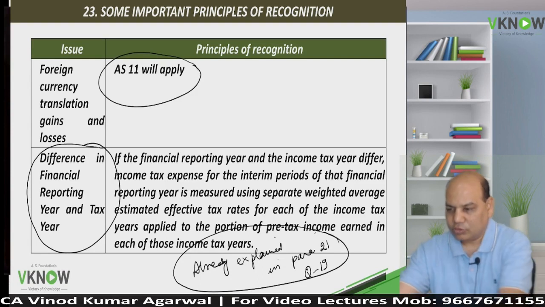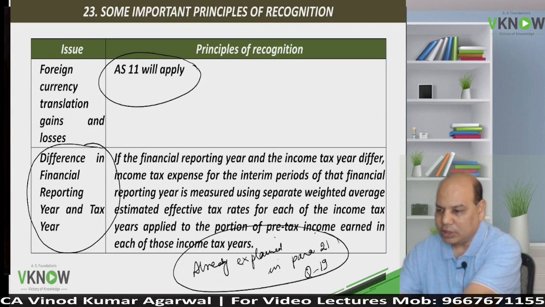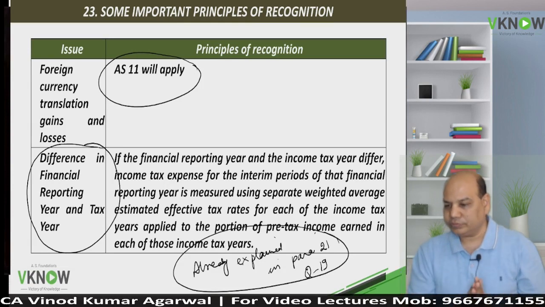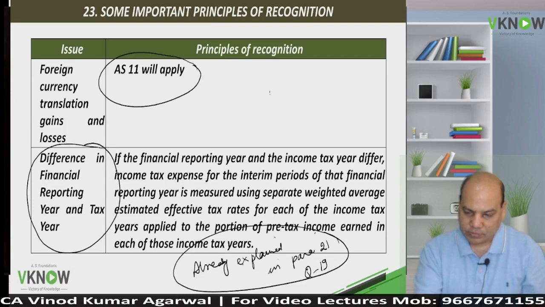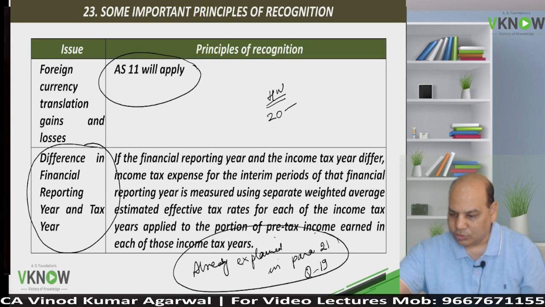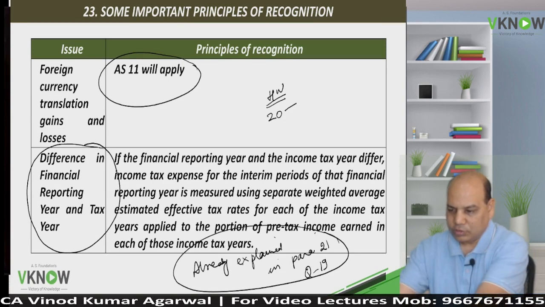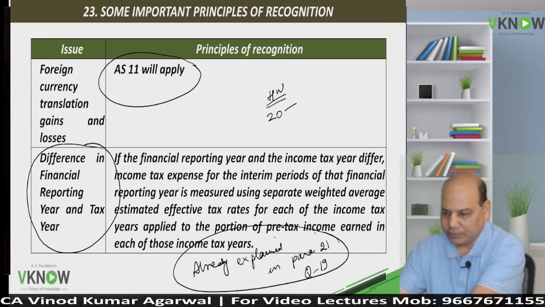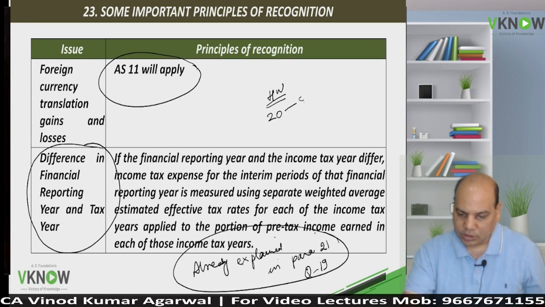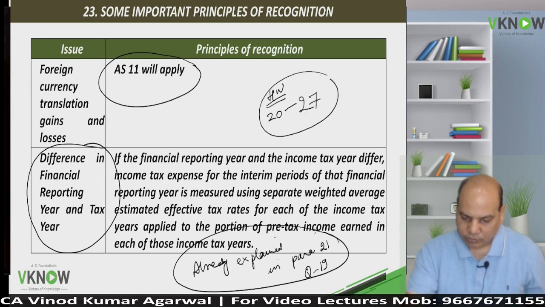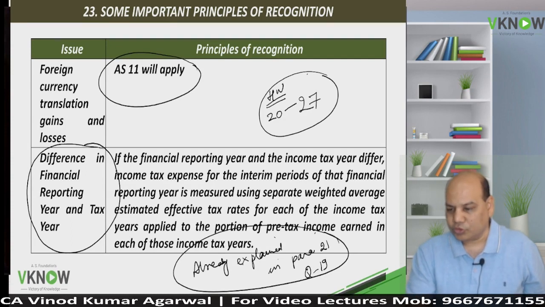Is it right? So these are some critical points that they can ask you. Now, as a homework, you will solve question number 20, 21, 22, 23, 24, 25, 26, 27. So all these questions are there.